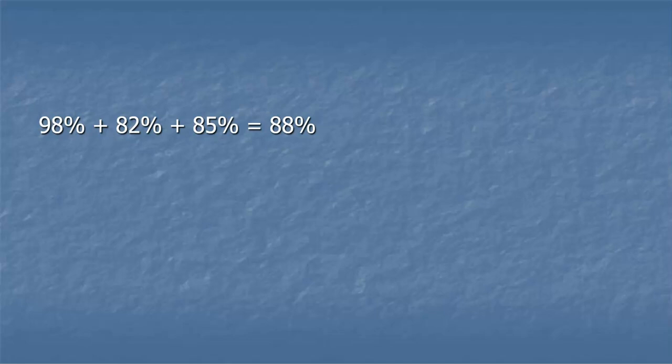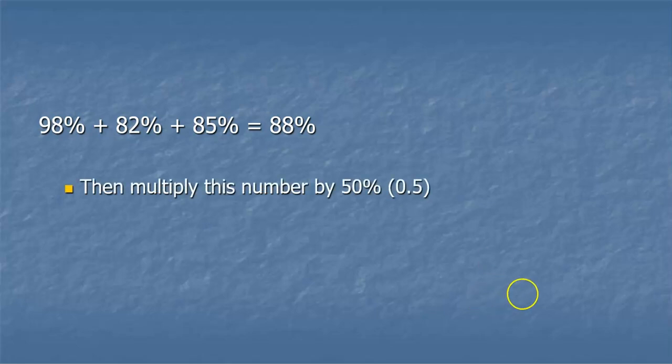Now, because these are my exam grades and they make up 50% of my overall grade, I'm going to multiply that number by 50%, or 0.5. So I'll take 88 times 0.5. 88 times 0.5 gives me 44.